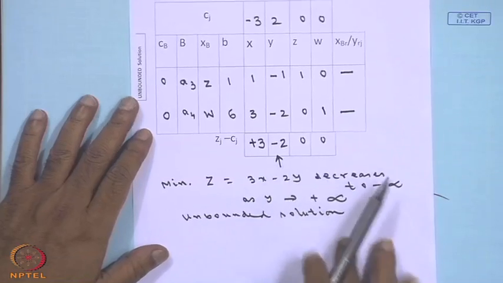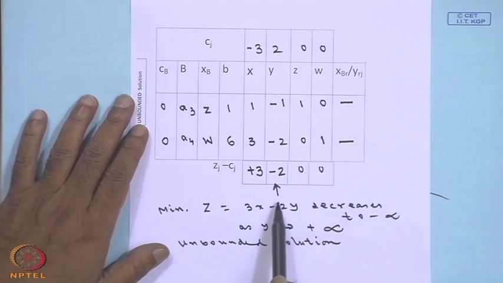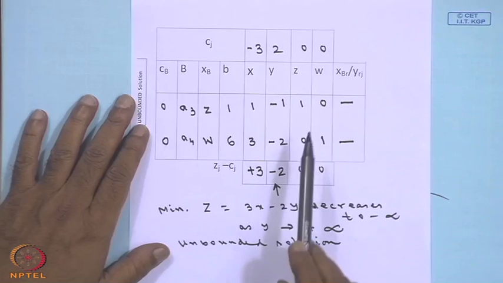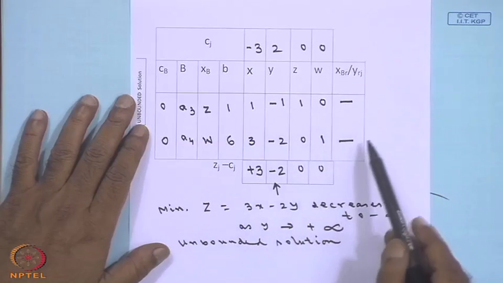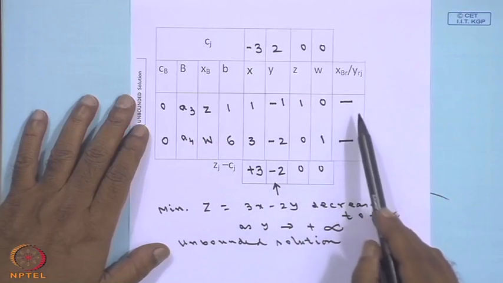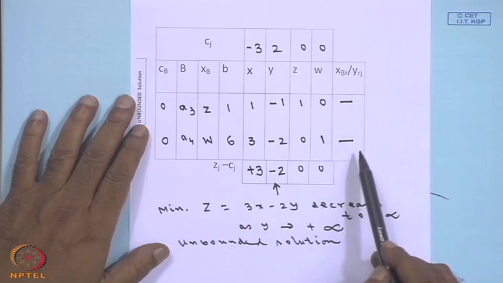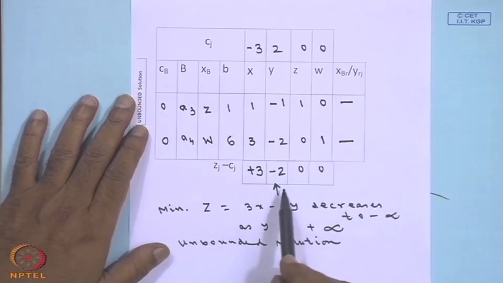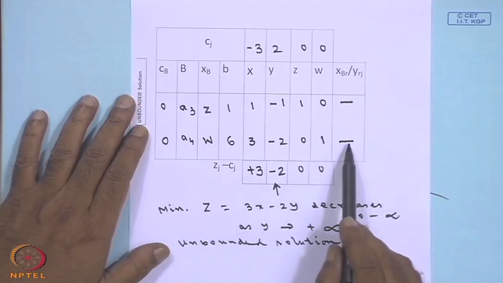The reasons we say it admits an unbounded solution: number 1, if you see the table, your entering vector is y, but when you calculate the ratio, you find that there is no positive ratio. So, no vector can depart from the basis.